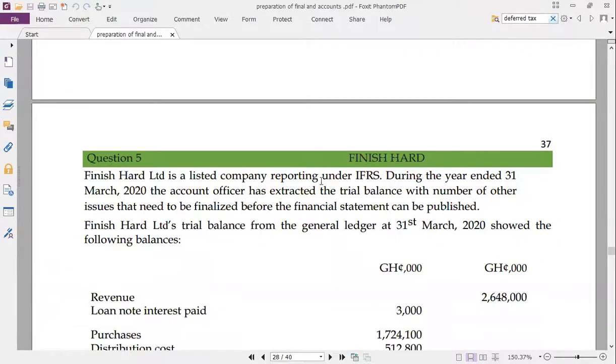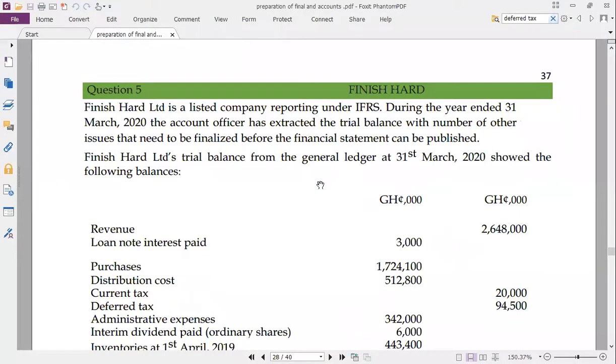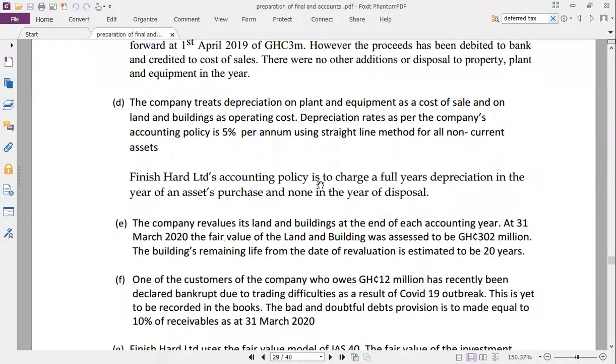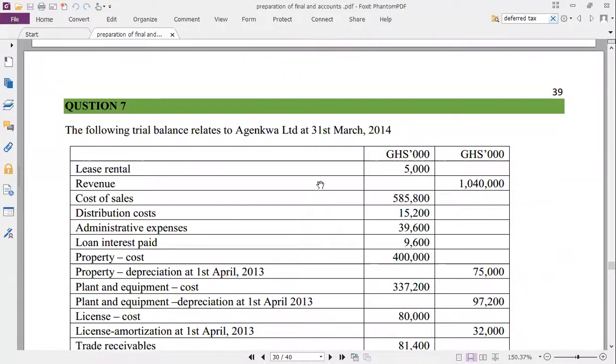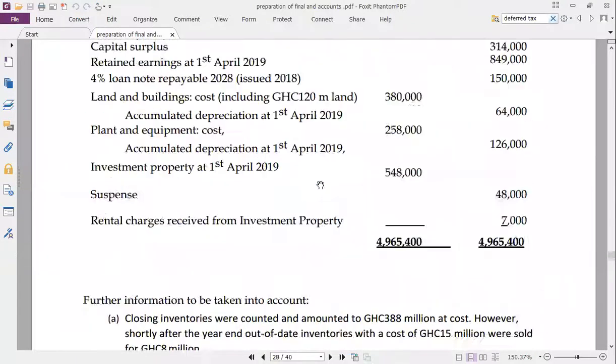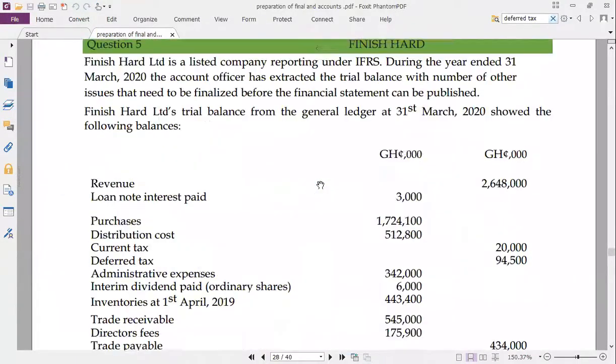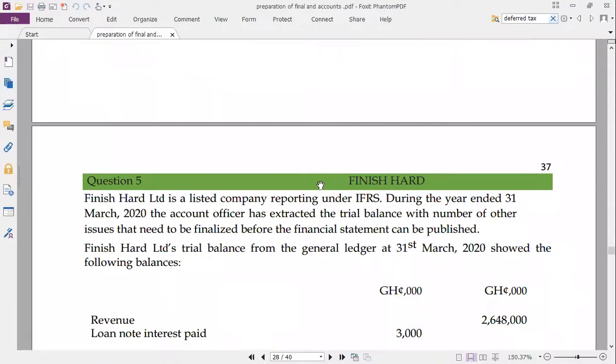Question 5, finish at page 37. Finish hard. Then question 6. Then question 4 will be finish hard.